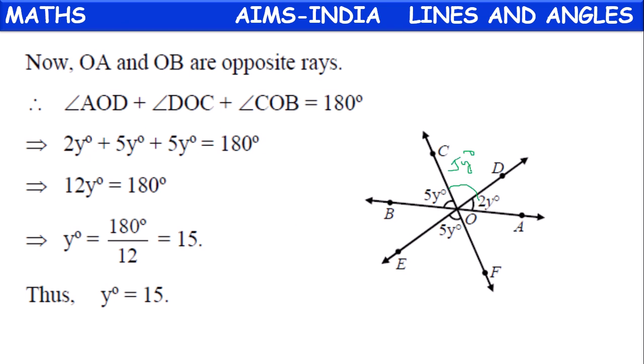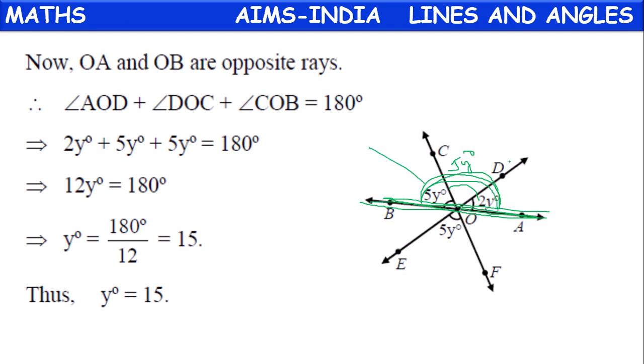This is 5y degrees and this is the AB line, and OA and OB are opposite rays. So the angles which are lying on the same side will be equal to 180 degrees.